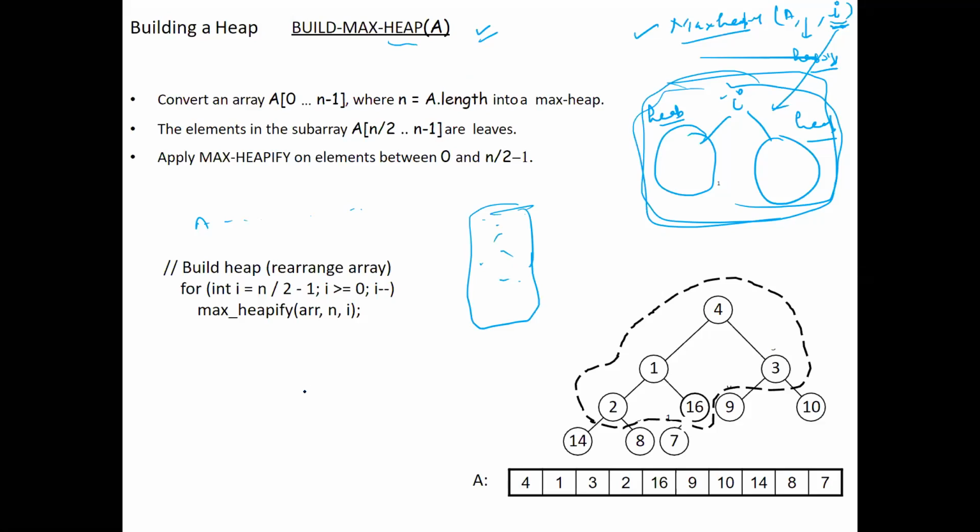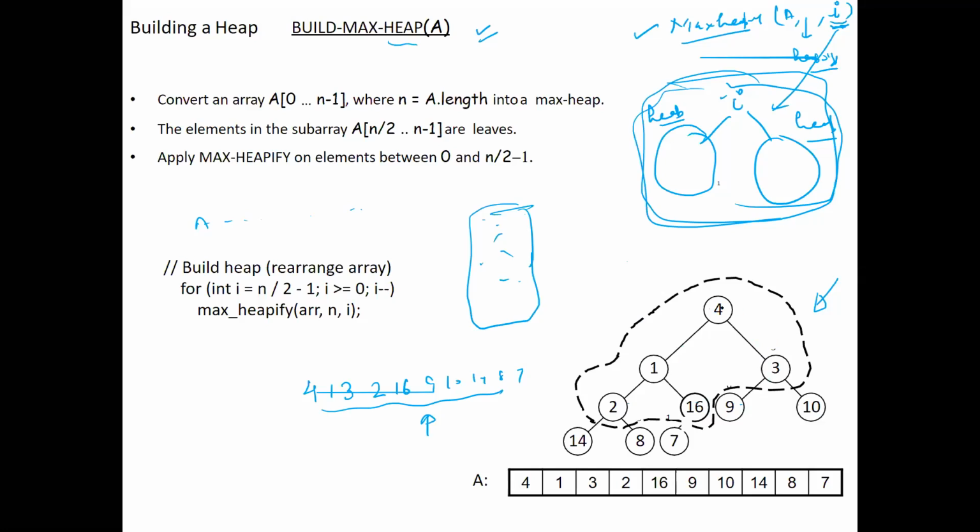The array was given like this: 4, 1, 3, 2, 16, 9, 10, 14, 8, 7. I am writing it in the form of a heap initially. This is a direct representation of the array: 4, on the left 1, then 3, then 2, 16, 9, 10 and so on. This is the array I want to sort. The first step in heap sort says first create a max heap from this. Now this is not a max heap.